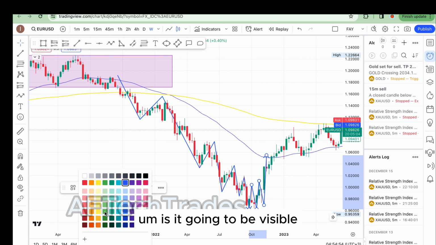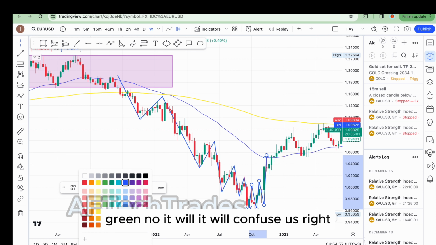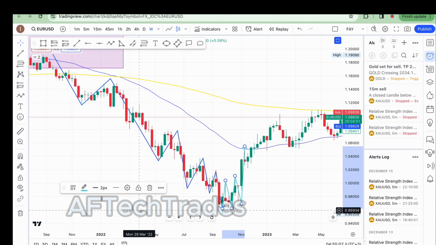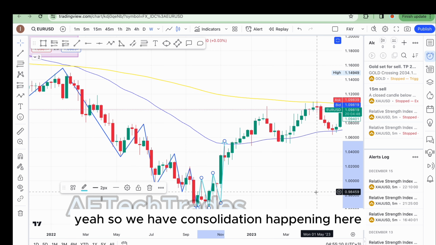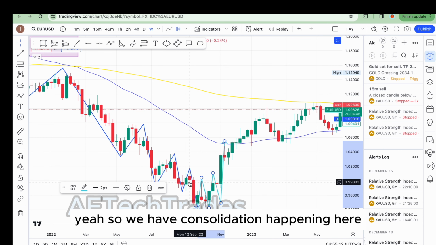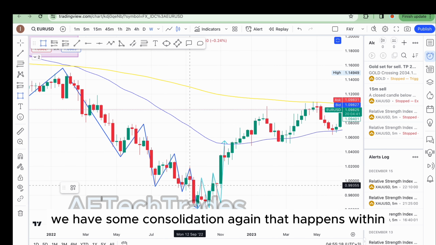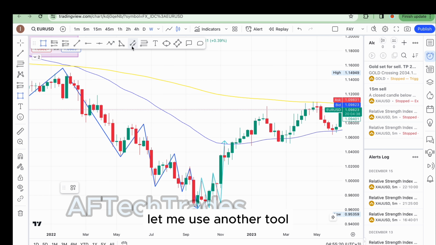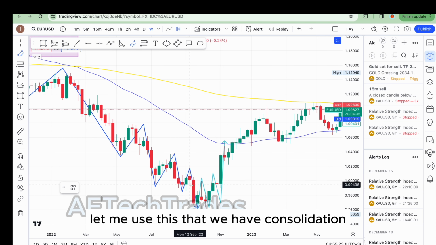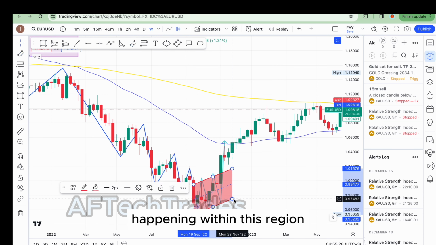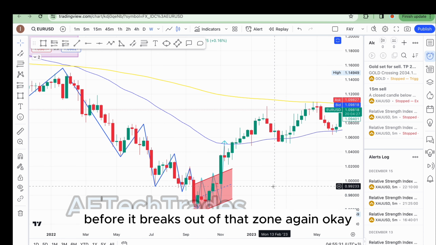Green, no, it will confuse us, right? Just pick any color. Let me change it to this. So we have consolidation happening here. We have some consolidation again that happens within, let me use another tool, within this region before it breaks out of that zone again.